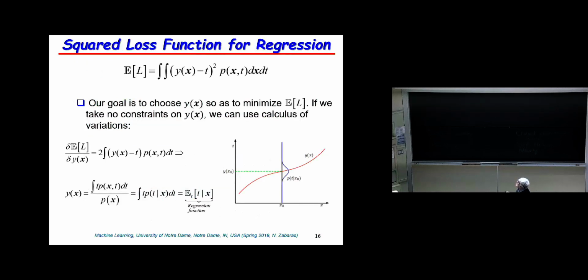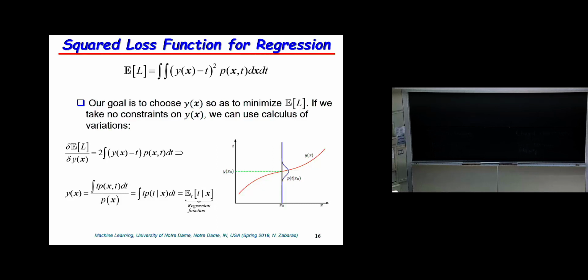All right, and if you do calculus of variations, it comes up that the regression function is nothing else but the posterior mean. So here, I maybe need to be a little bit careful, because in regression, when we call something the posterior mean, it is if you have data, X and Y, and you train things together, and then you compute the posterior mean.